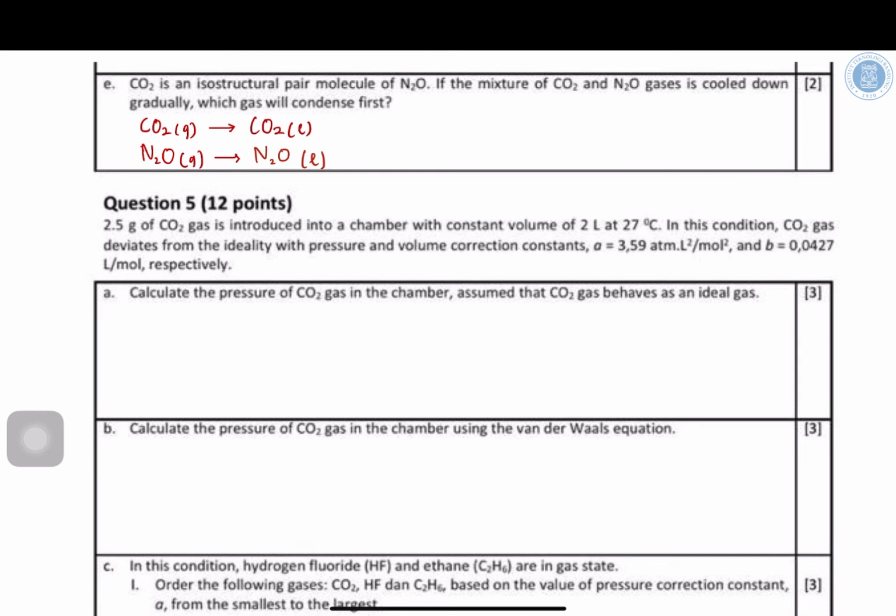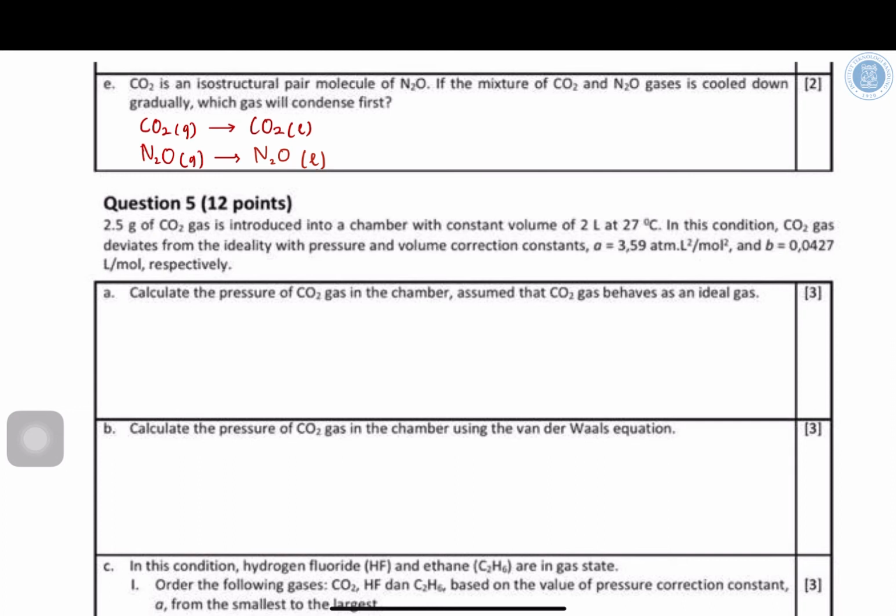The factor that will affect the condensation is that if we have molecules having stronger intermolecular interactions, then this gas will tend to condense faster because of the strong intermolecular interactions.